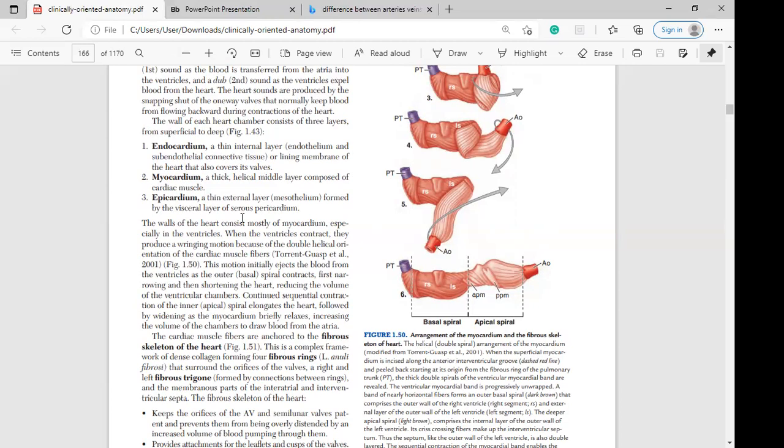The endocardium is the innermost layer, the myocardium is the middle layer, and the epicardium is the outermost layer. This epicardium is in contact with the pericardium. The pericardium is like the adventitia of the blood vessel that we talked about. Okay, so that is where you find the pericardium.